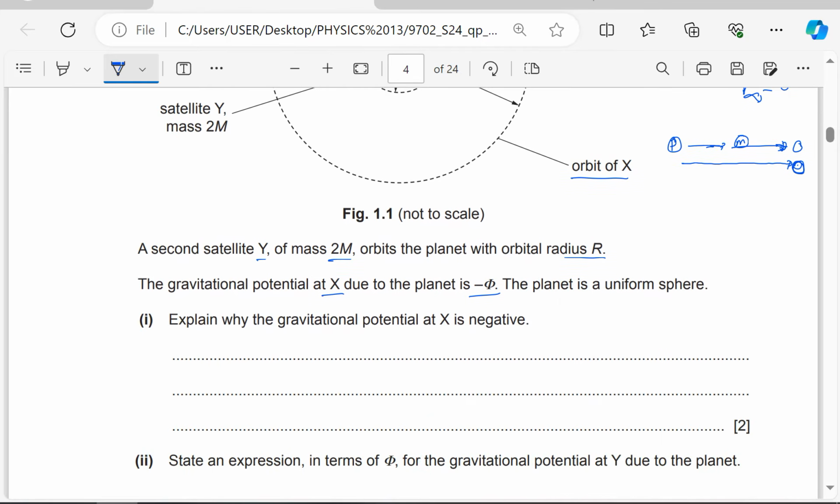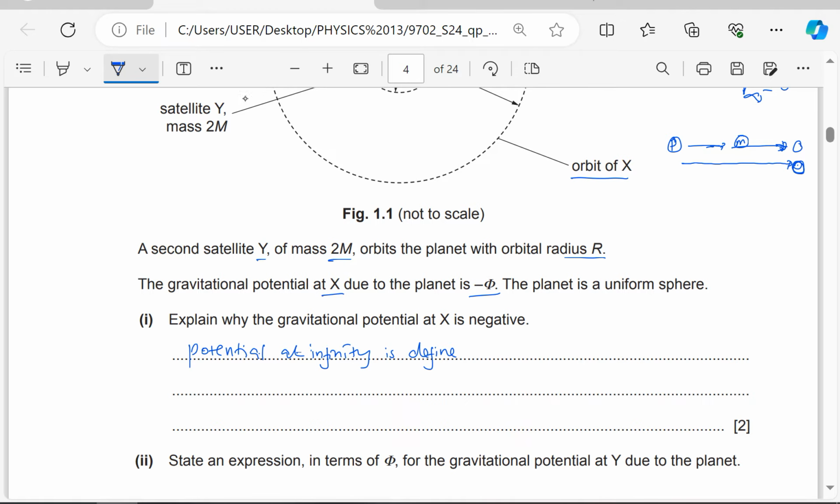So why is potential at X negative? We shall simply say that potential at infinity is defined to be zero. If you have watched my videos, my topical past paper questions, these are very easy questions because I've solved similar questions many times and I've given a lot of explanation.